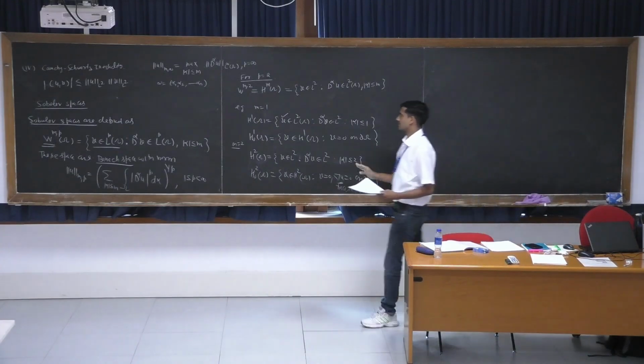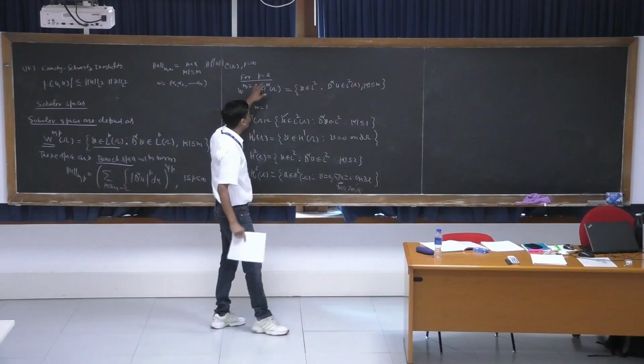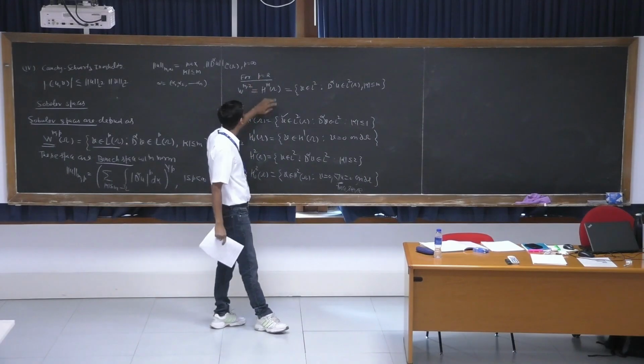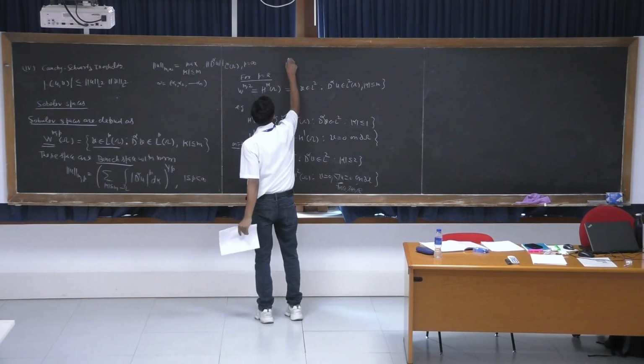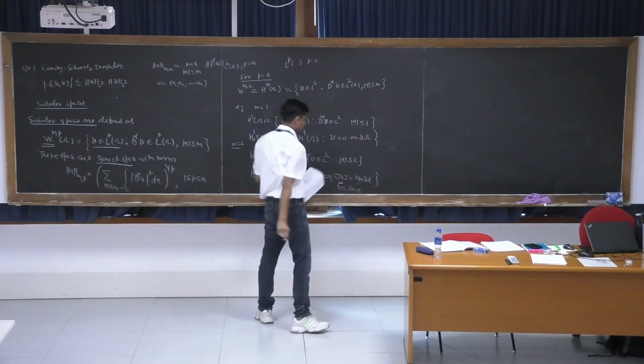So these are Hilbert spaces. For p equal to 2, you know already that the Lp spaces are Hilbert spaces only for p equal to 2.